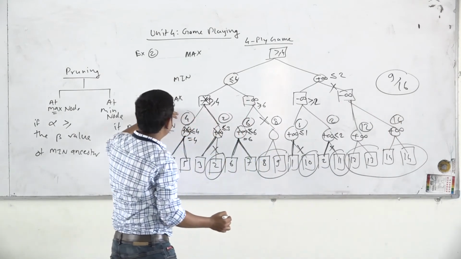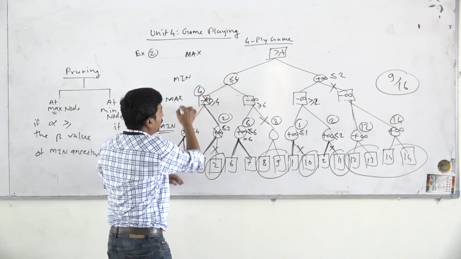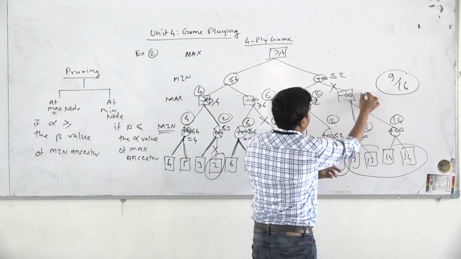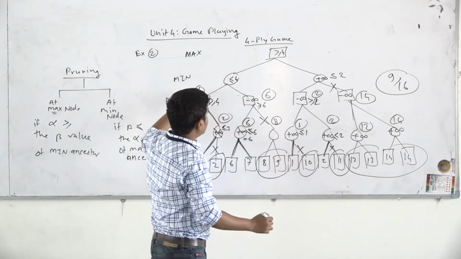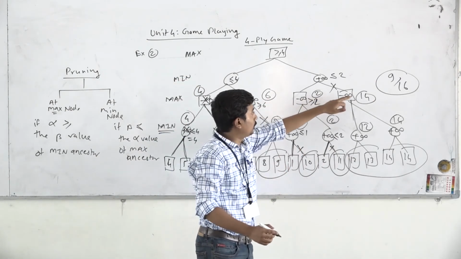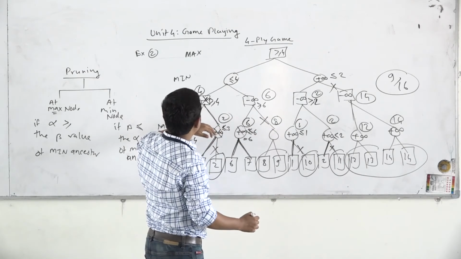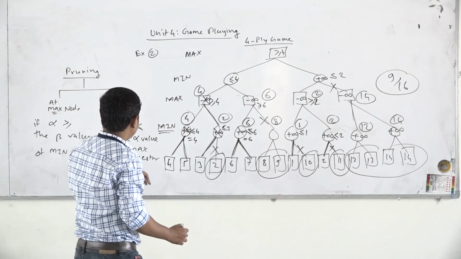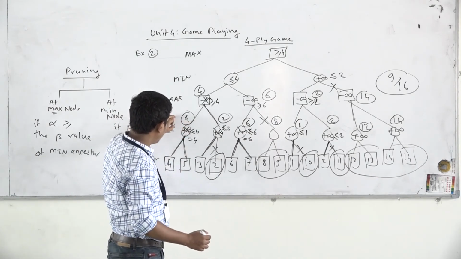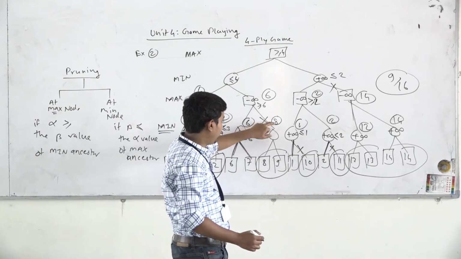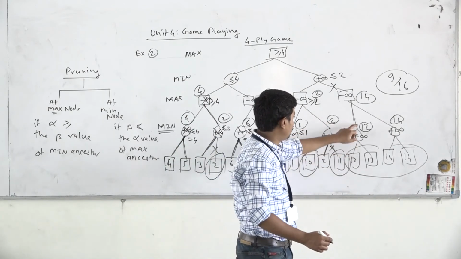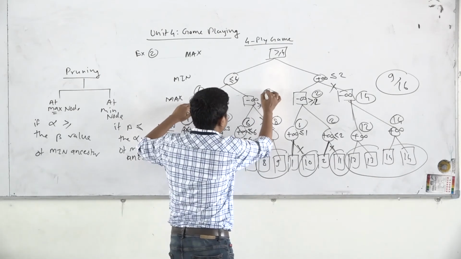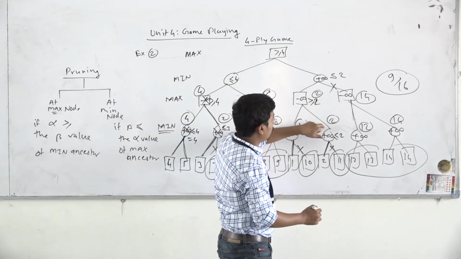Then we have a maximizing node, so we take the maximum: that is 4, then 6, then 2 and then 14. Then we are minimizing, so the minimum of 4, 6, 2 and 12. Then we have a maximizing node, so it should be 8 here, then 2 and 14.